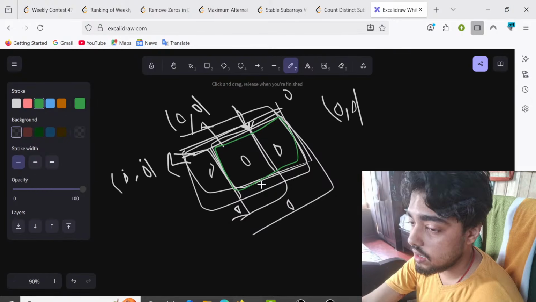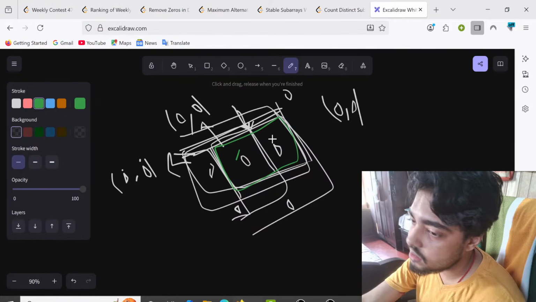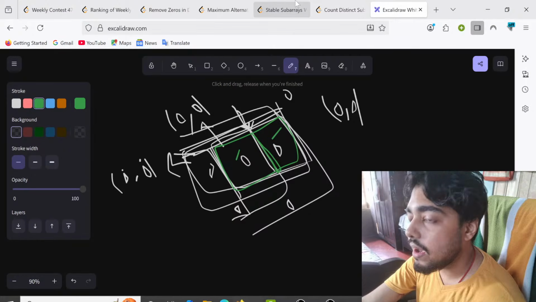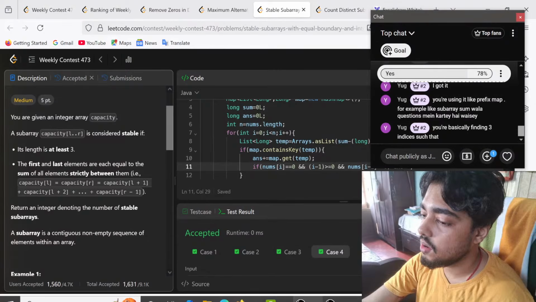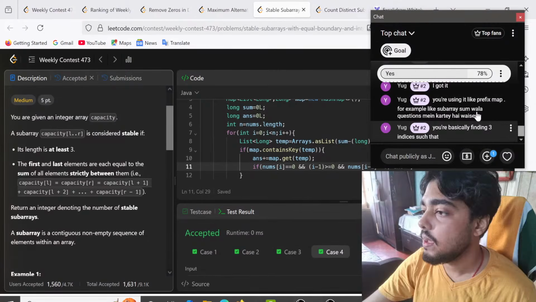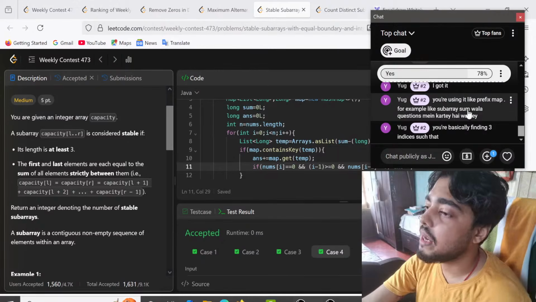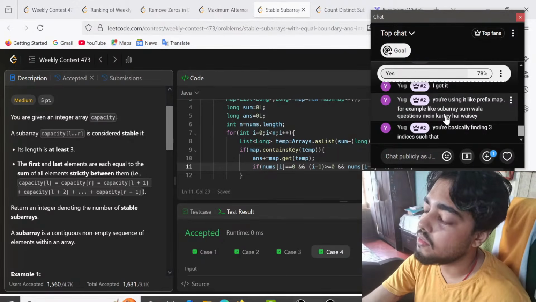Because the first and last element is equal and all the elements in between them, there is one element. So their sum is 0, is also equal to both of them. But it is not a valid subarray. Why? Because it was given that the length has to be at least 3. Okay? You're basically finding 3 elements such that you're using it like prefix map, correct? For example, like subarray sum wala questions में करते हैं वैसे.